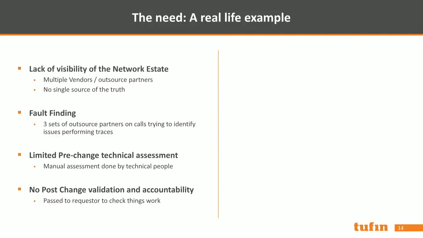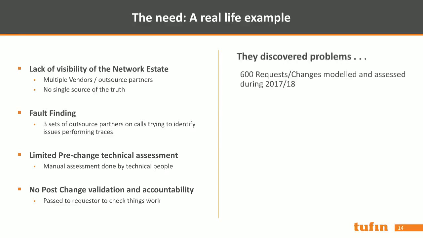They were having trouble with those multiple outsourced partners, being on calls and really trying to identify performance issues and what was happening within the network. They had a very manual process, which was being performed by their technical people. And they really had no change validation or accountability. And they discovered that they had some problems.